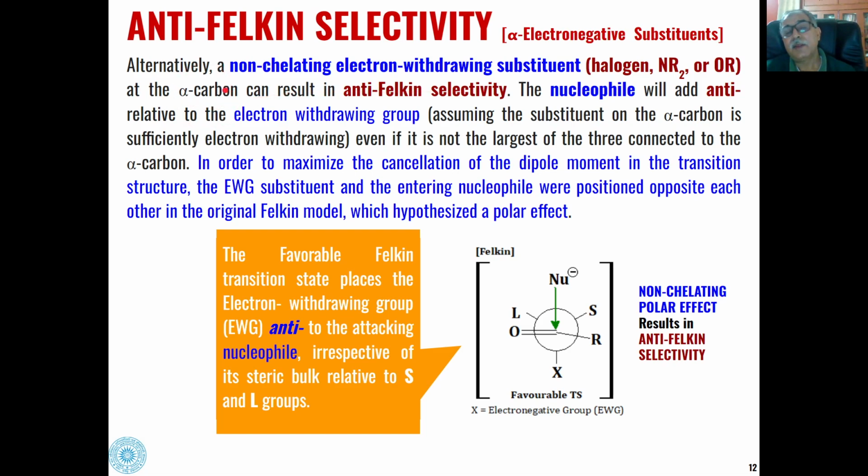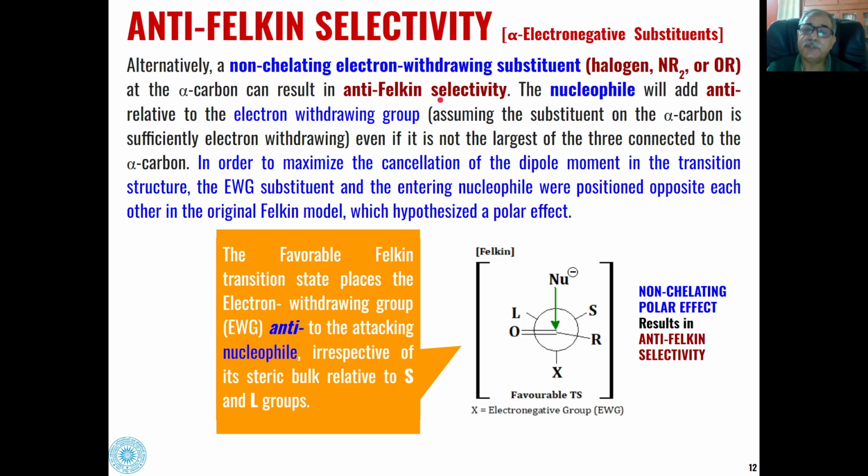If we have these types of electron withdrawing substituents which are non-chelating in nature, say halogens, tertiary amines or ethers, present at the alpha carbon of the carbonyl compound, then the products formed will be with anti-Felkin selectivity.